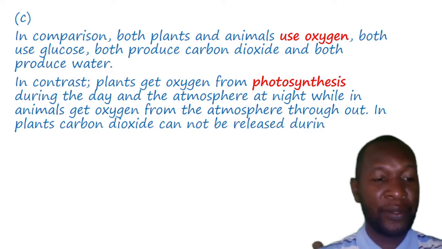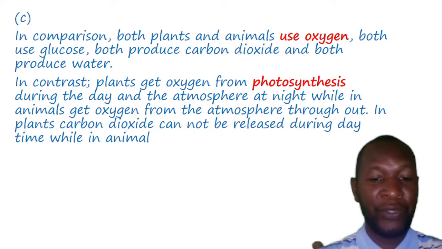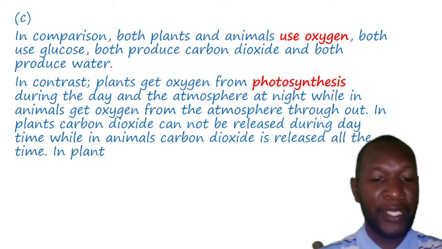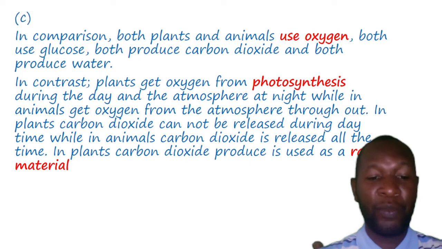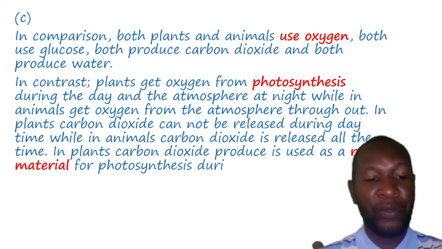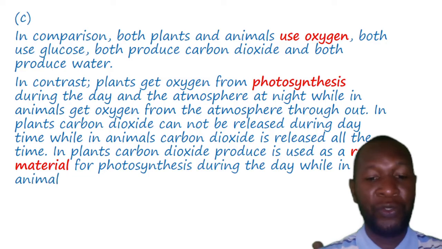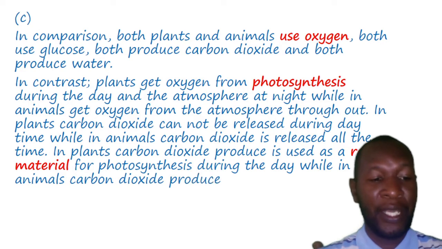In plants, carbon dioxide can be released during daytime, while in animals, carbon dioxide is released all the time. In plants, carbon dioxide produced is a raw material for photosynthesis during the day, while in animals, carbon dioxide produced is always a waste product.